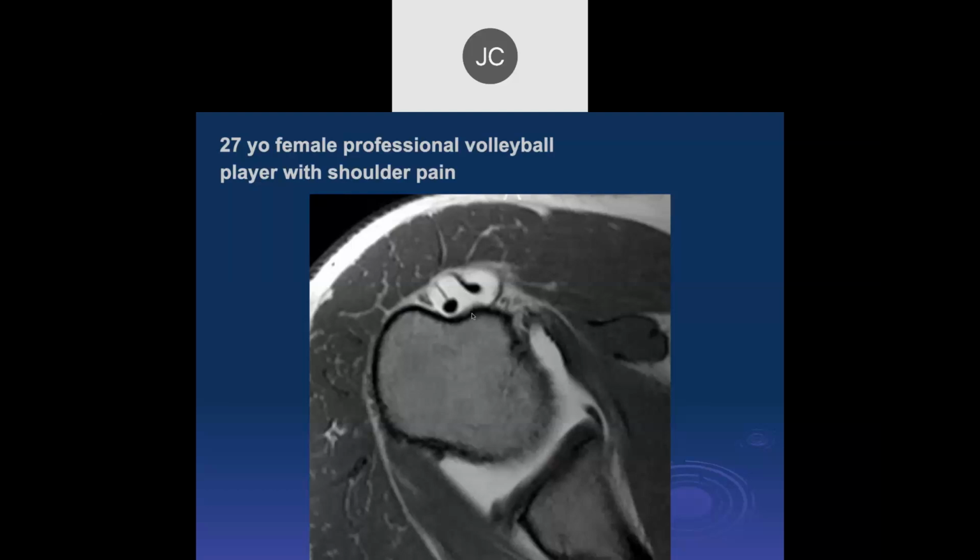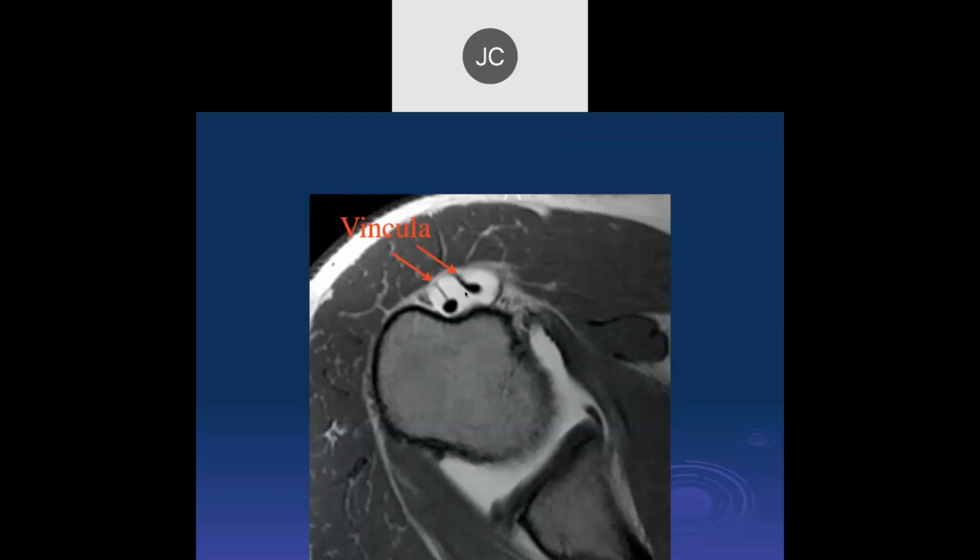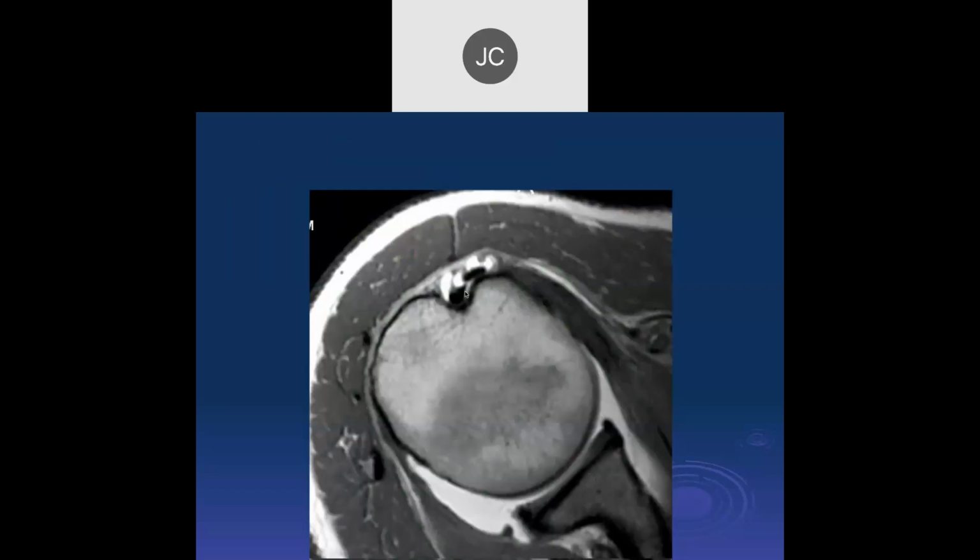So here we were looking at the variance of normal. Now we can see that there are these two components, a congenital bifid biceps, and we know it's congenital because both of these have vinculas associated with them. Okay, and then I think this is the same patient, might be a different patient, but what do you think here?